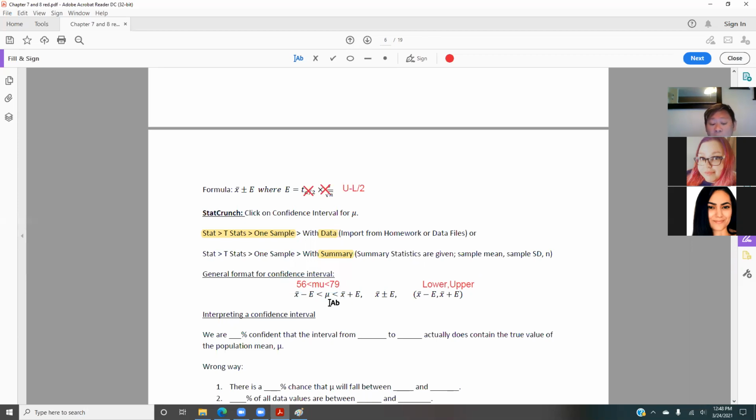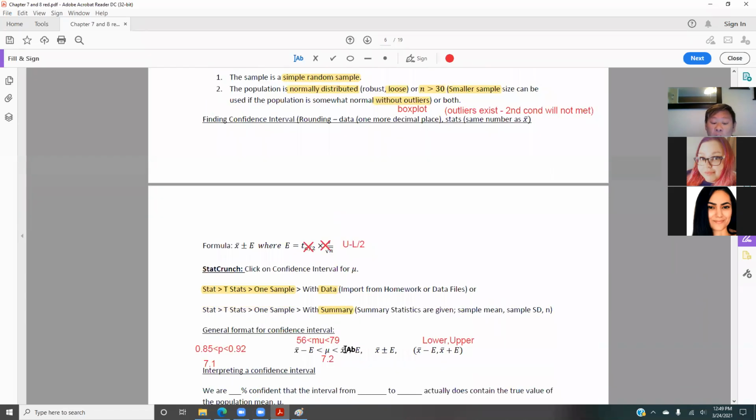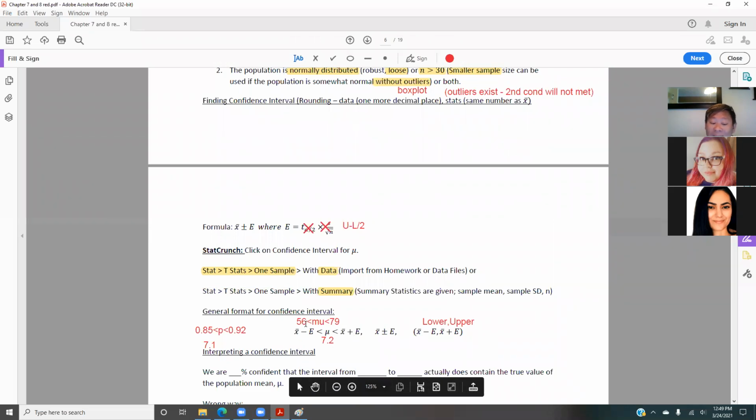Last time, if you remember, we don't use mu, we use p, like 0.85 < p < something. P is for population proportion. That was for 7.1. Now in 7.2, we won't use p, we use mu. Mu in this case means your population mean. So when you want to write in this format, make sure you use mu here instead of p. I will take points off if you do that.